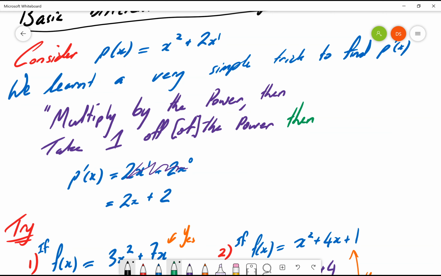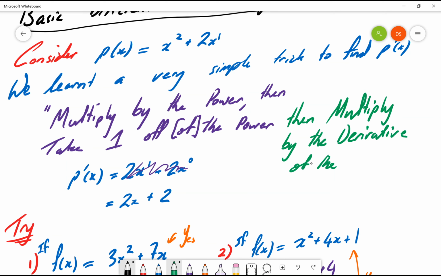Then multiply by the derivative of the inside.